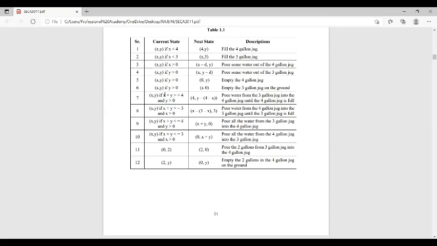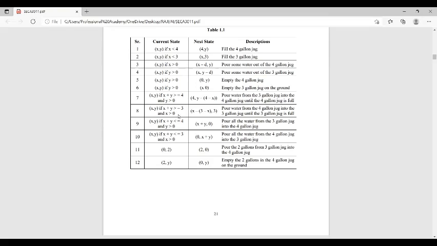So (x, y), if x plus y is greater than or equal to 4 and y is greater than 0, then we pour water from the 3-gallon jug into the 4-gallon jug until it is full, giving (4, y - (4 - x)).